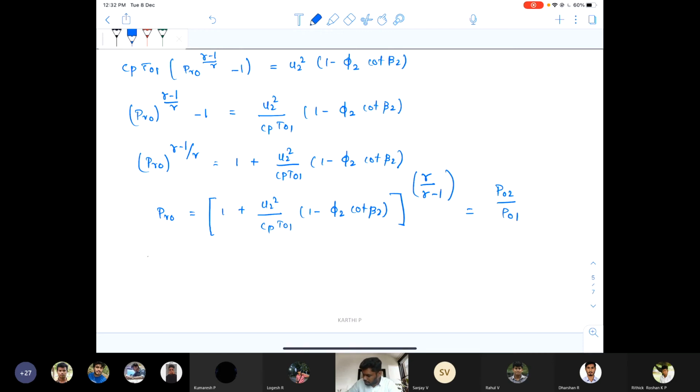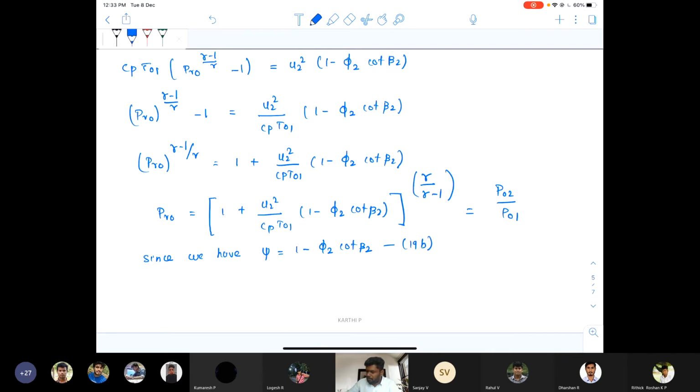Since we have pressure coefficient as 1 minus flow coefficient times cot beta 2, this is from equation 19b.